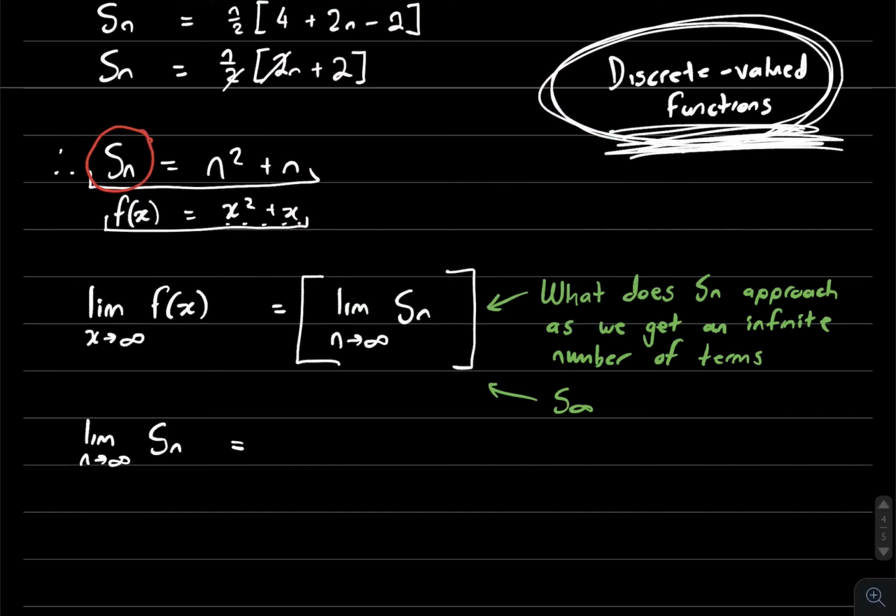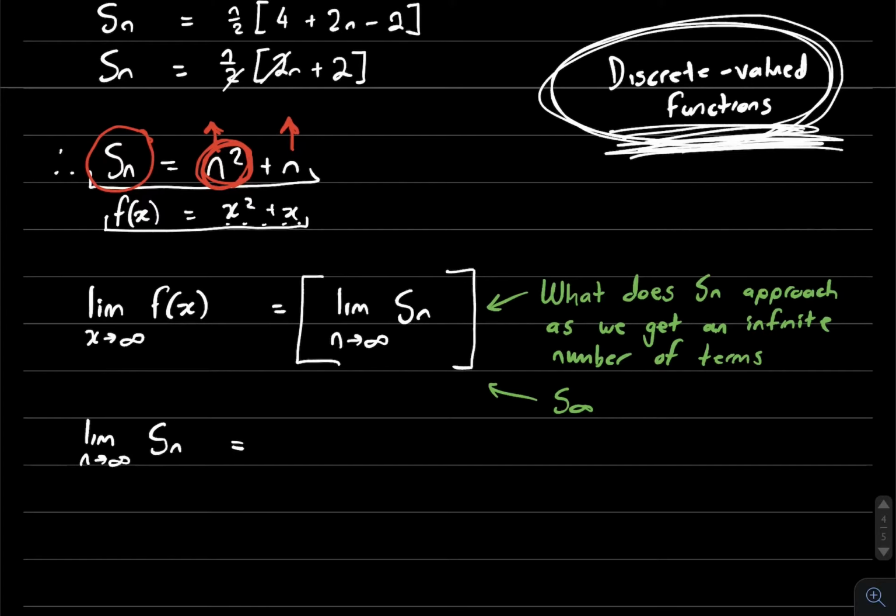What does S of n approach as n goes to infinity? It's the same n. So what does S of n go to as n approaches infinity? We know that since we're squaring here, we're just going to get bigger and bigger squares, right? If the number that you're squaring gets bigger and bigger, your final answer after squaring will be bigger.